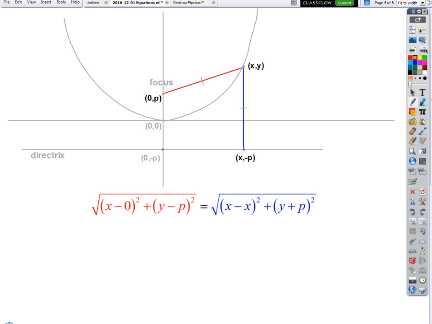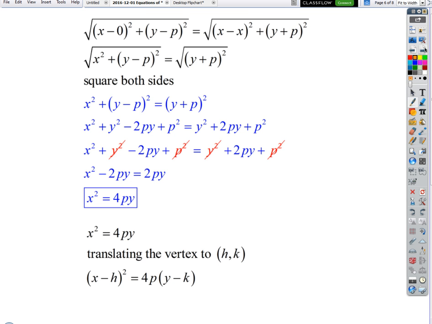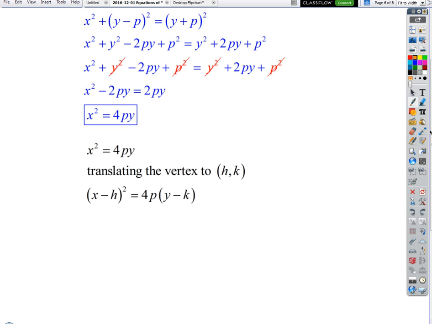And so the last step for us would be to just translate to the point (h, k), which just means that x is going to turn into x minus h, and y is going to turn into y minus k. So this is what it ends up looking like when we make that transformation.